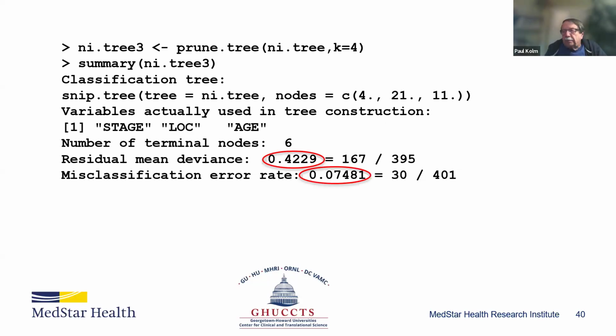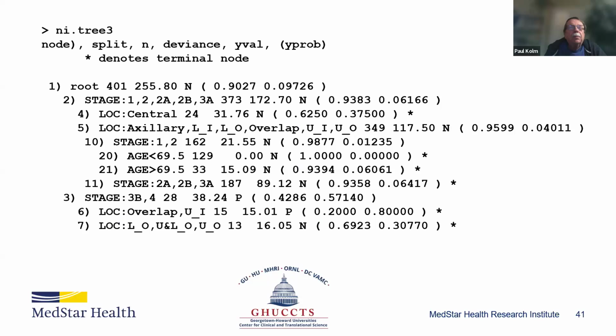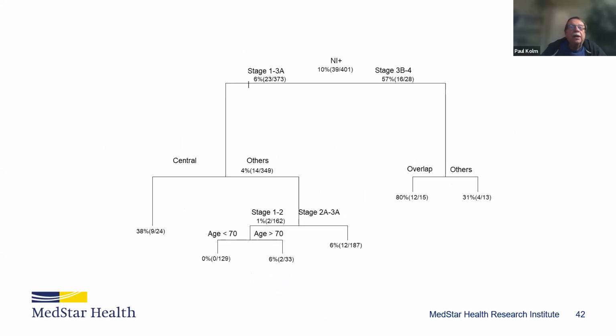And so we might want to see if we can prune it further. This is just the output that we get with the stage age breakdown. As I say, this is better interpreted by looking at the tree.